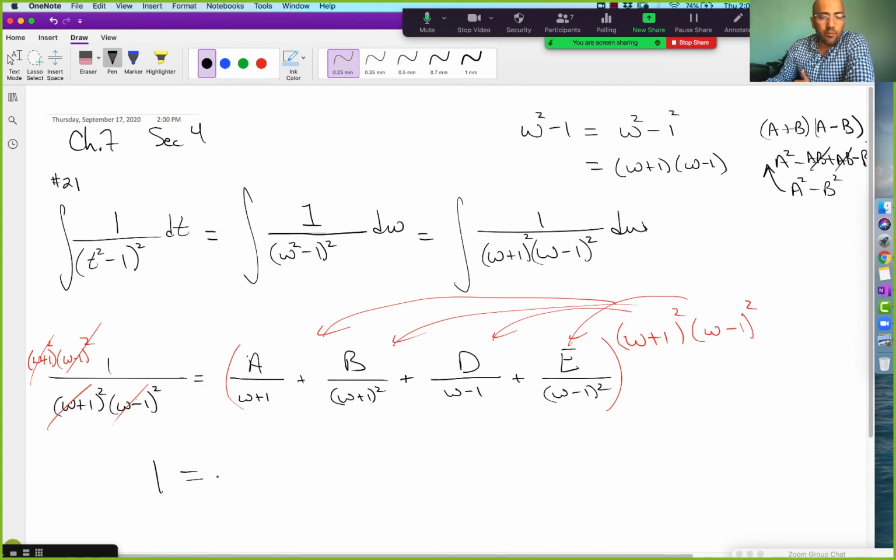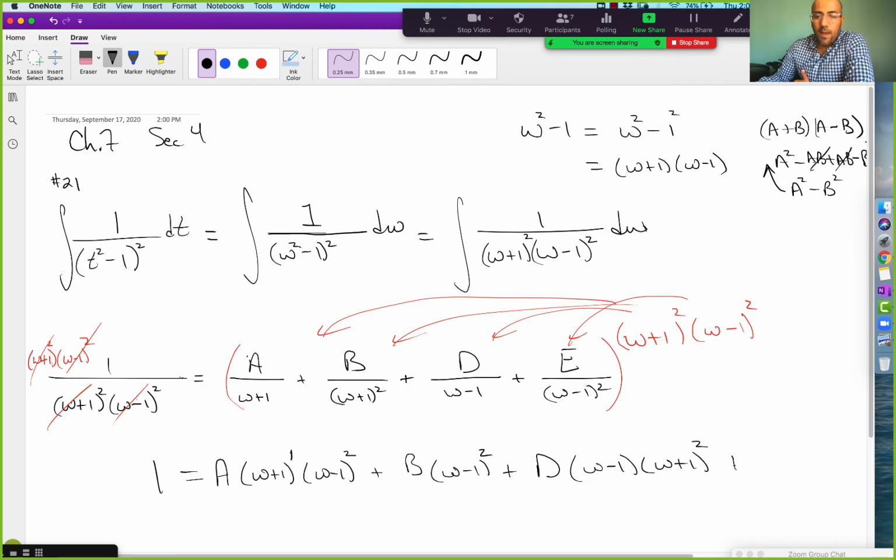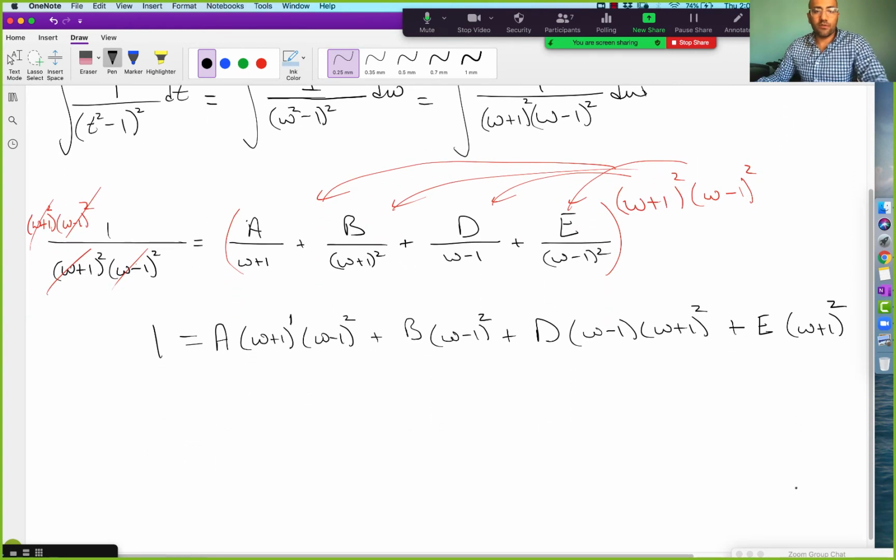For the first one, we end up with a capital A times w plus 1 to the power of 1 times w minus 1 squared, plus b times w minus 1 squared, since now both of these terms cancel, plus d times w minus 1 times w plus 1 squared, plus capital E times w plus 1 squared. Good. Any questions?